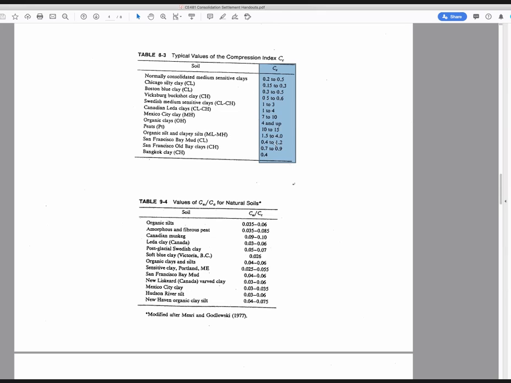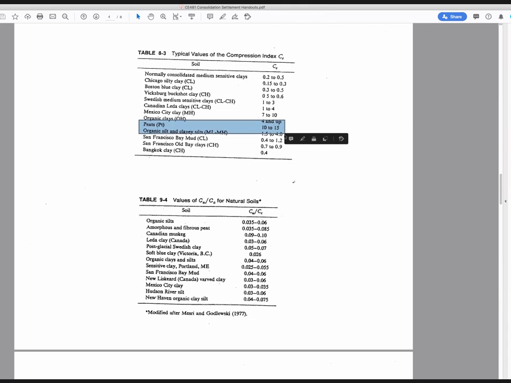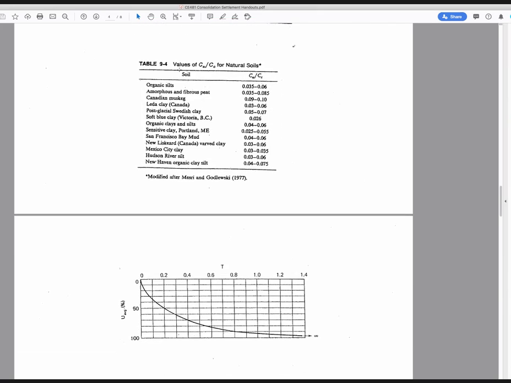The high ones are coming in for Mexico City clay, and specifically peat is extremely high as well, both being highly problematic from a settlement standpoint. There are some ratios of C alpha to C sub C. We haven't yet talked about C alpha. I intend to yet today.